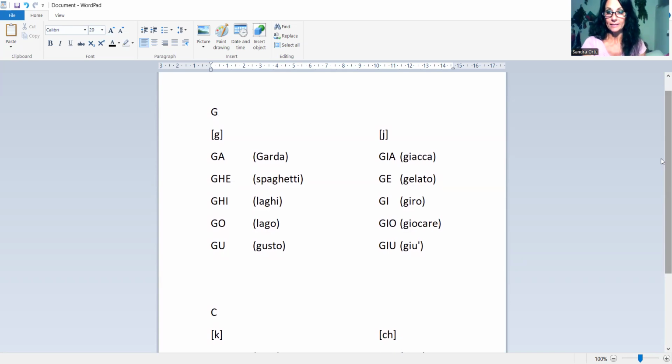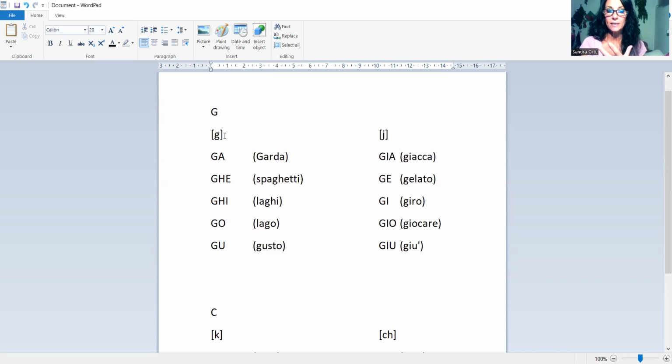Let's start with the letter G. For the letter G, which is pronounced in Italian as well, G, we have two sounds. One is the hard sound, G. I have written the sound, which is not phonetics, just the sound, in these square brackets.